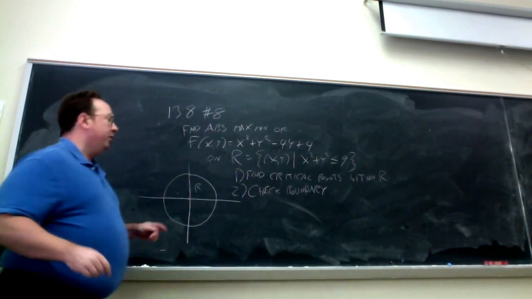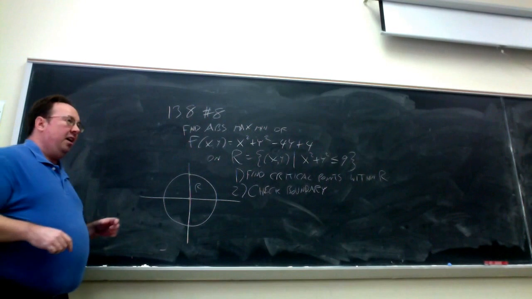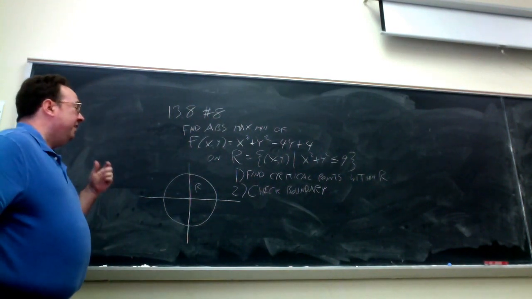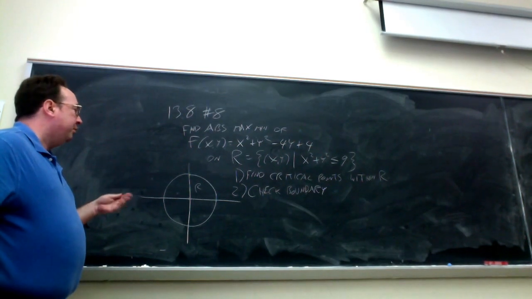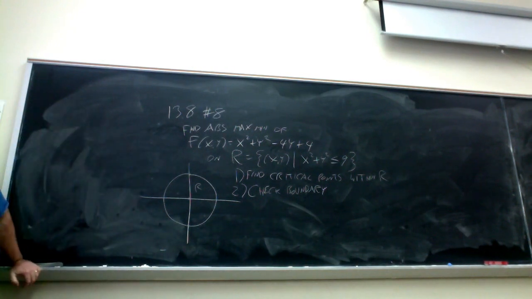Only boundary points and any critical points in the interior are points where there could be an absolute maximum or minimum. Now, since we have a circular domain here, it's actually possible to do the problem in 2 different ways. You can stick with Cartesian coordinates x, y, or you can use polar coordinates r and theta.